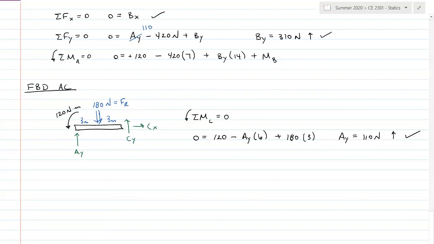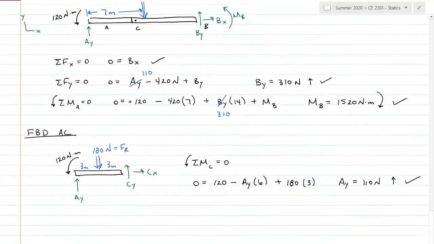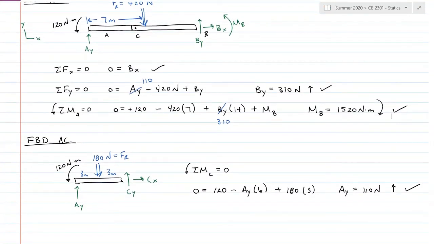And I can plug in BY here, 310, and we find that our moment reaction at fixed end B is equal to 1,520 Newton meters. This value ends up negative, which means I need to switch my assumed direction and make it clockwise. Okay, so now I have all 4 of my reactions solved for.